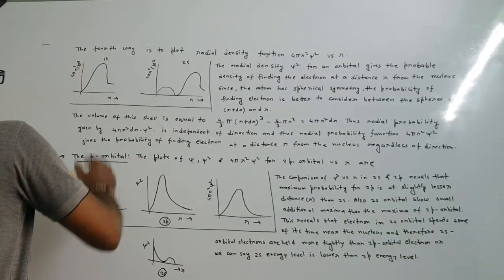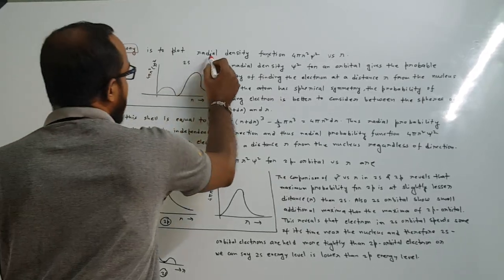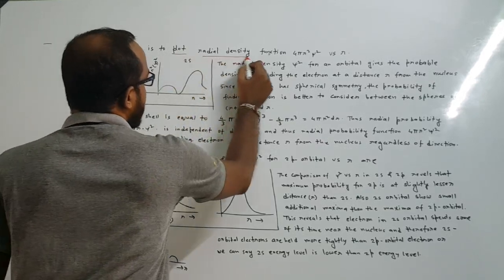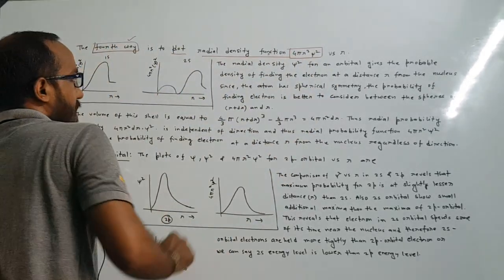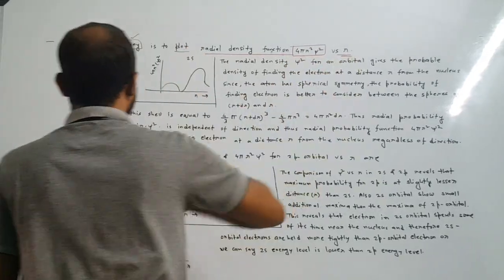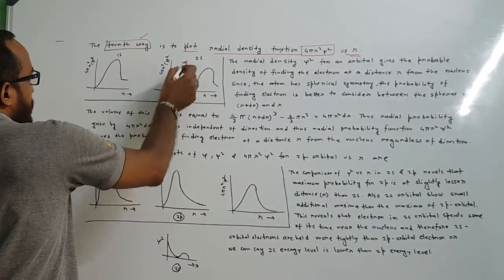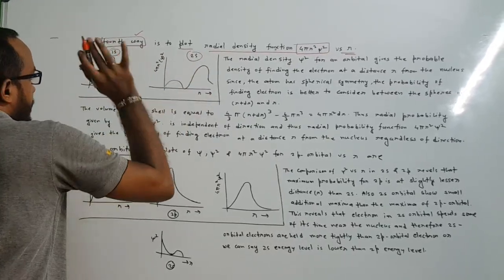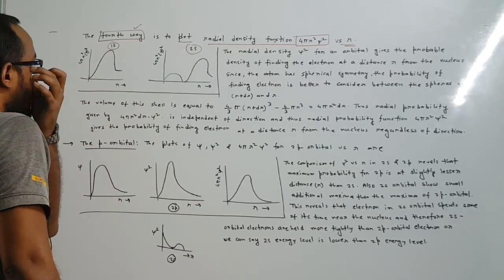Let us continue with the fourth way of representing radial distribution. The fourth way is the plot of the radial density function. That is, the radial density function is 4 pi r square psi square versus r. This is the radial density function curve for 1s and 2s orbitals, 4 pi r square psi square.